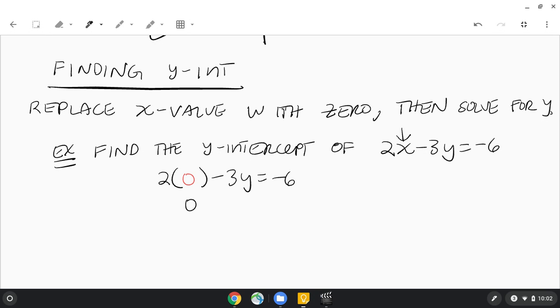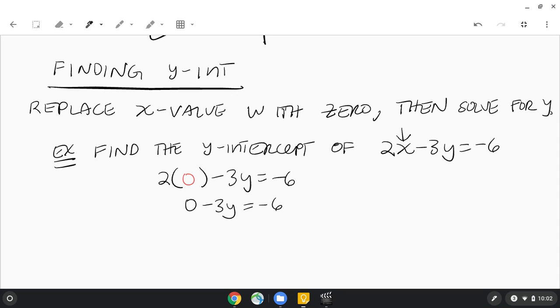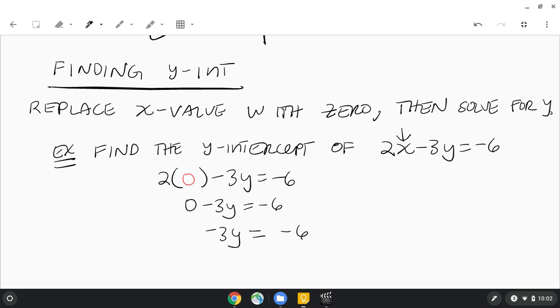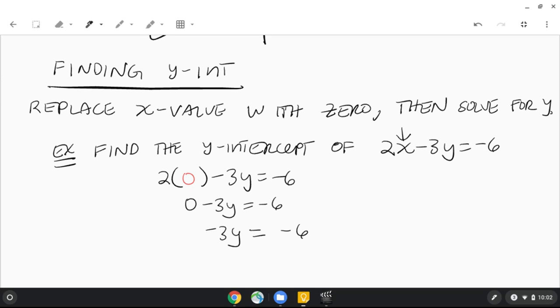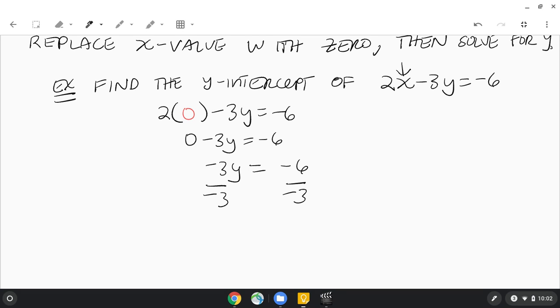So this is 0. And this is just going to be -3y equals -6. Then we solve for y, so we need to divide both sides by -3. They cancel out.